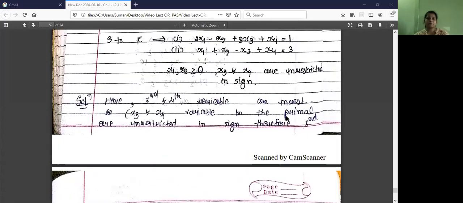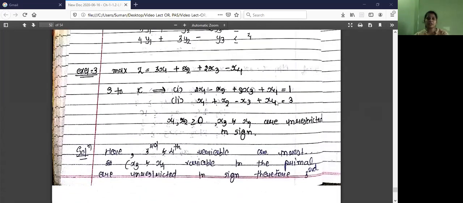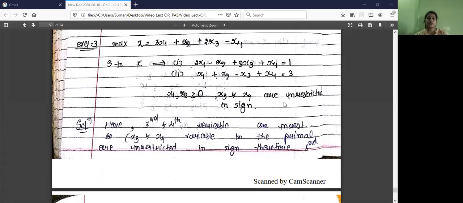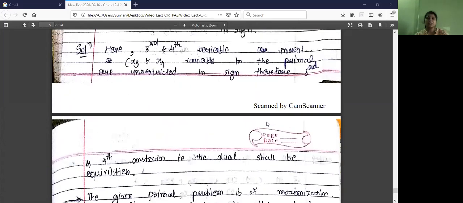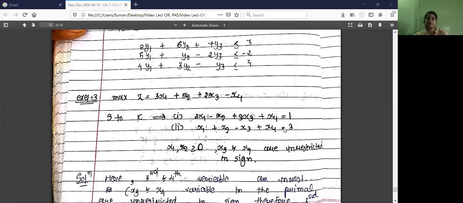So again we go to our question. Our first two equations are equal to type, so in our non-negativity condition we write y1 and y2 unrestricted in sign. Okay, so this is our equal to type constraint, the equations numbered 1 and 2.